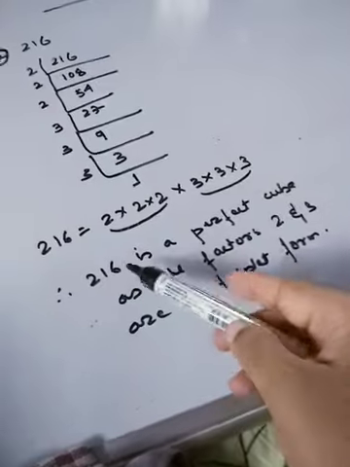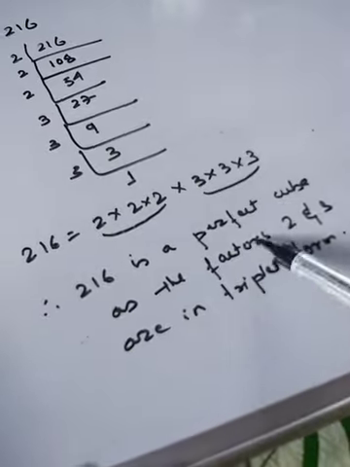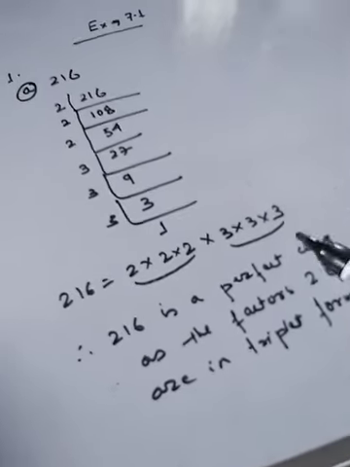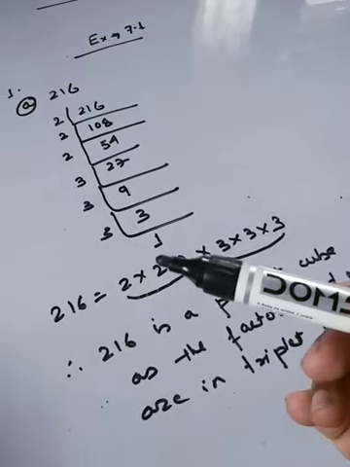So you have answered that 216 is a perfect cube, and also why you have said perfect cube, as the factors 2 and 3 are in triplet form. So this is sum number A.